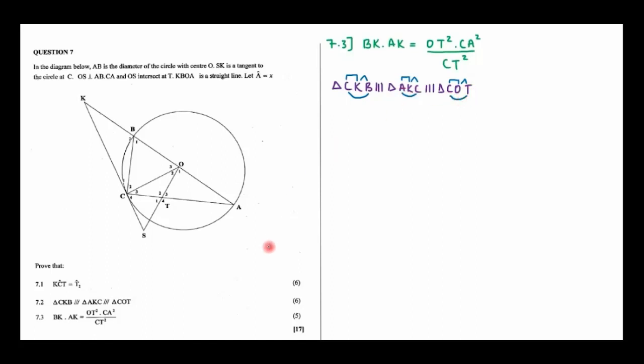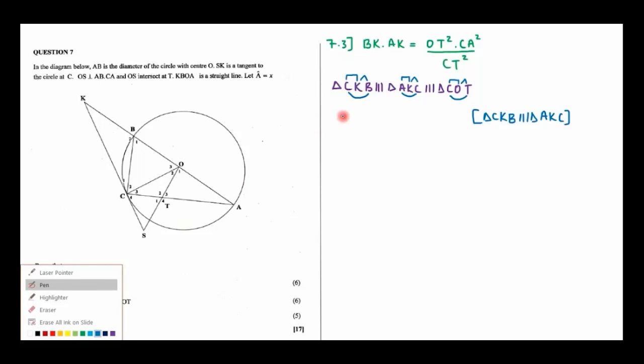So now basically what I'm going to do here is list all three ratios, but I'm going to do them separately so that you can understand what is happening here. The first one that I'm going to take is CKB being similar to triangle AKC. So what can I get from these two triangles?